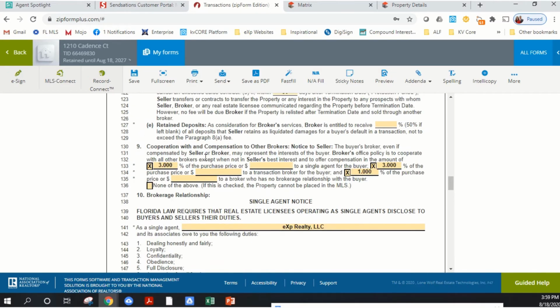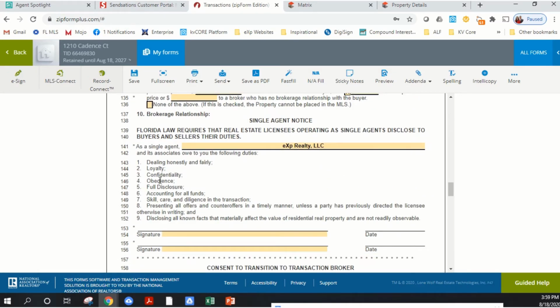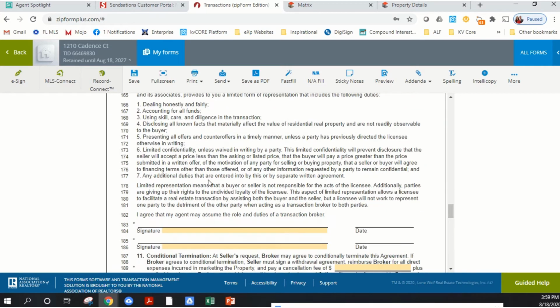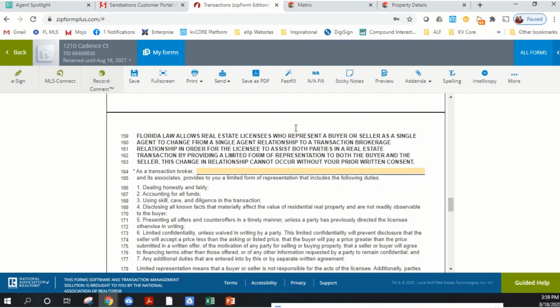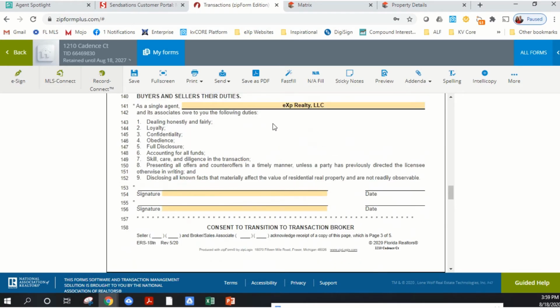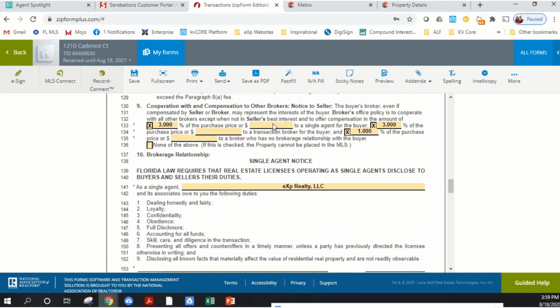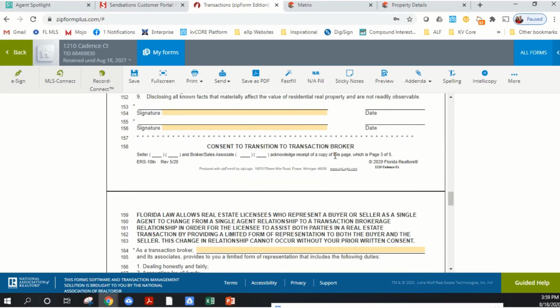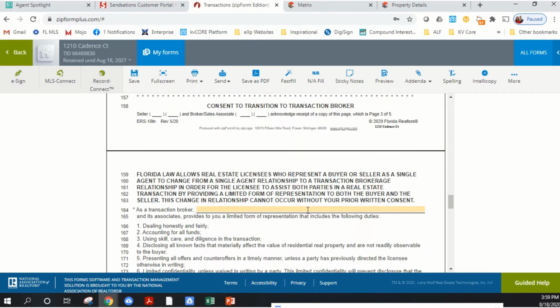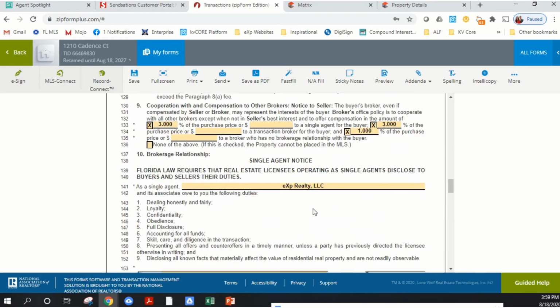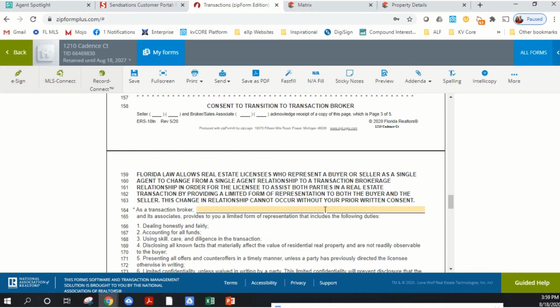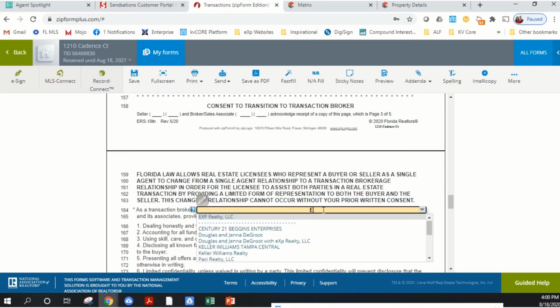So no longer can eXp say that they have confidentiality, loyalty, or obedience. So it actually changes the relationship with both the buyer and the seller. And all this listing agreement does is say we automatically move to transaction brokerage status if we represent the buyer as well. And in every other scenario, we're single agent status.